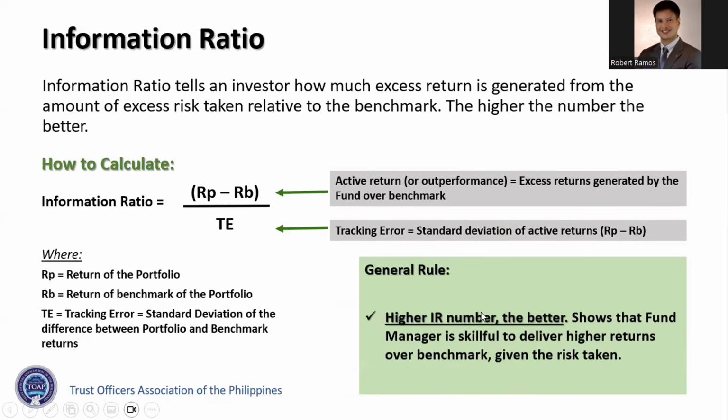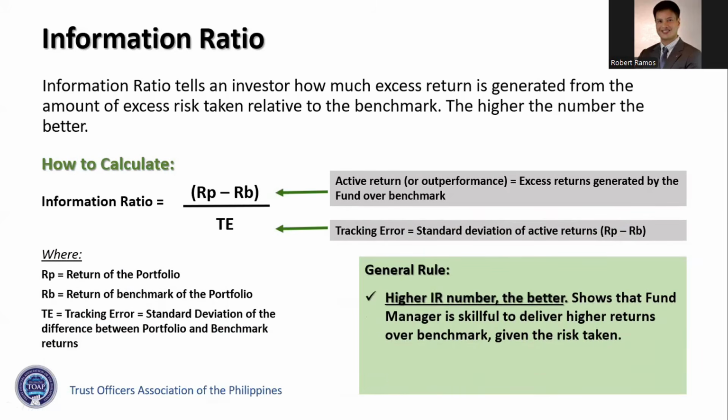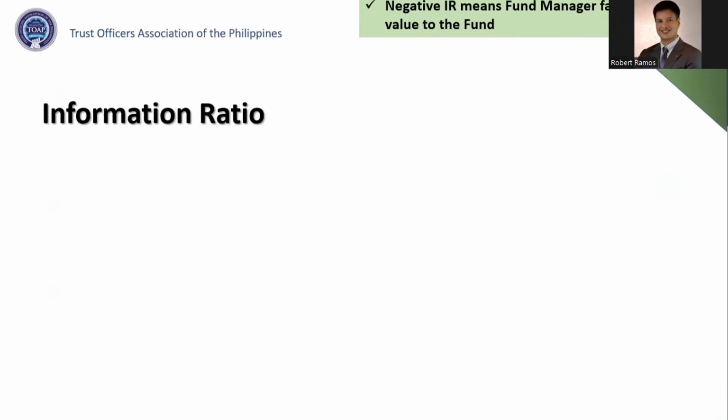The general rule, the higher the information ratio, the better. It shows that the fund manager is skillful to deliver higher returns over the benchmark, given the particular risk taken. A negative information ratio generally means that the fund manager failed to add value to the fund.